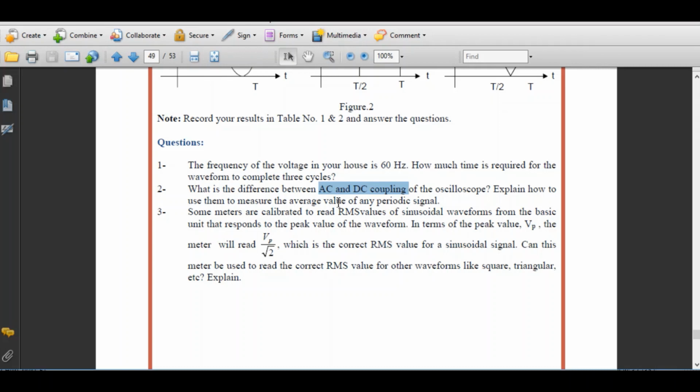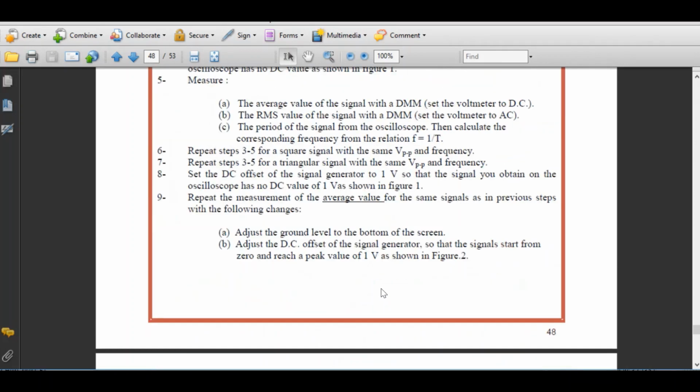So even if you have DC in the function generator, the oscilloscope will not show that value; it will still be around 0. So while using the DC offset, you have to keep your knob at DC. The rest of the questions are not that difficult. You have to think over them to get the answers.